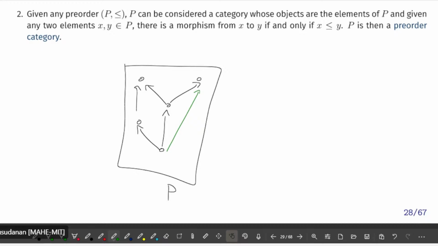That doesn't really have to be one morphism. Why does this flexibility?